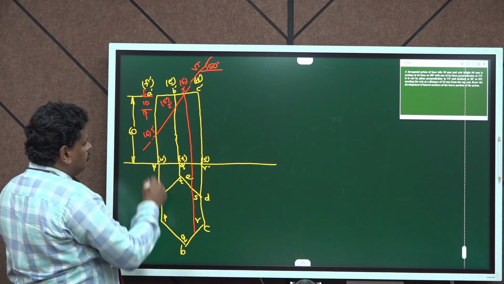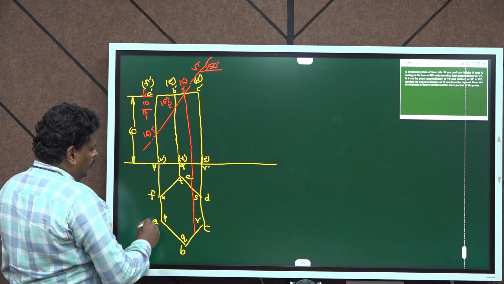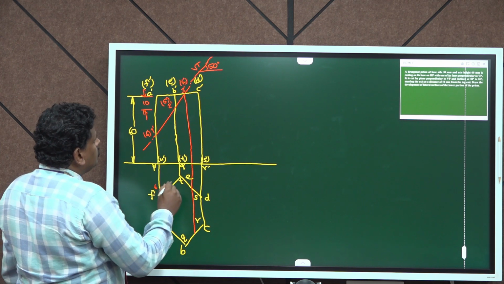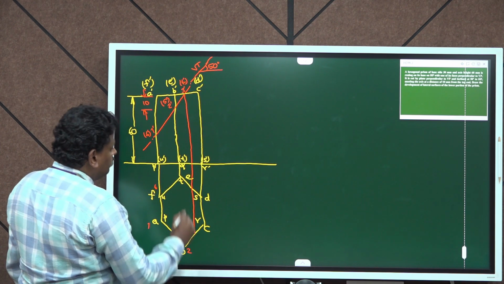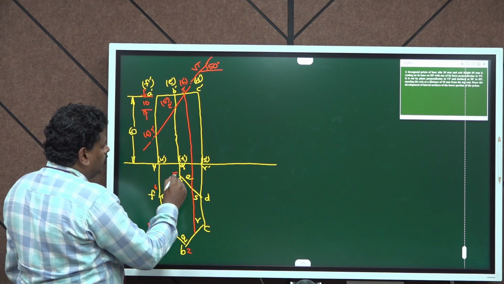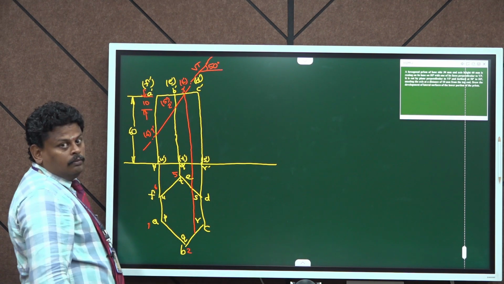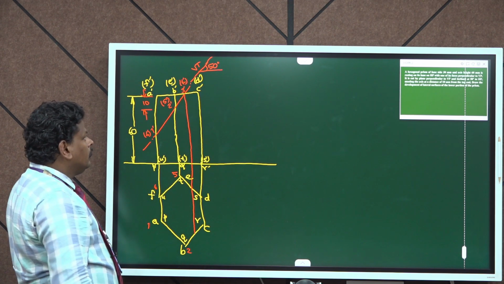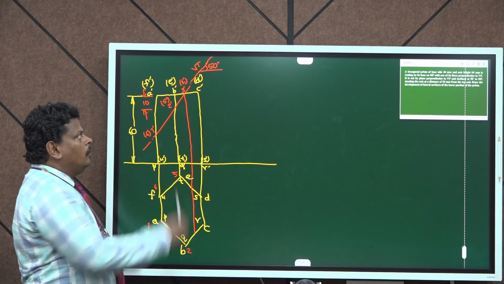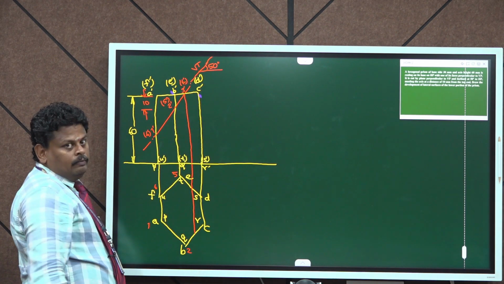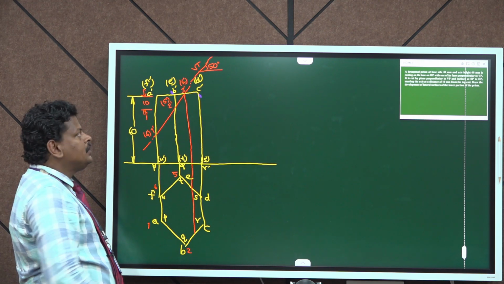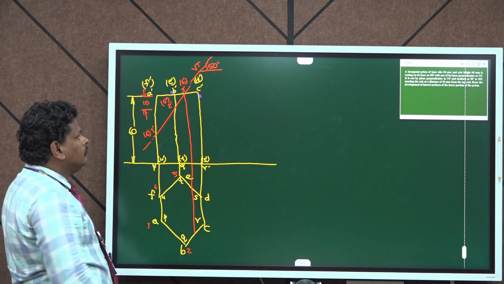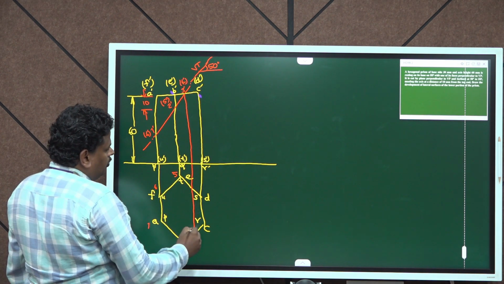Here 1 dash we will get at the point A, and 6 at the point F. Similarly 2 at the point B, and 5 at the point E. These points will coincide with the hexagonal prism points, and the points 3 and 4 lie between B and C, and between E and D. So we can show it over here.